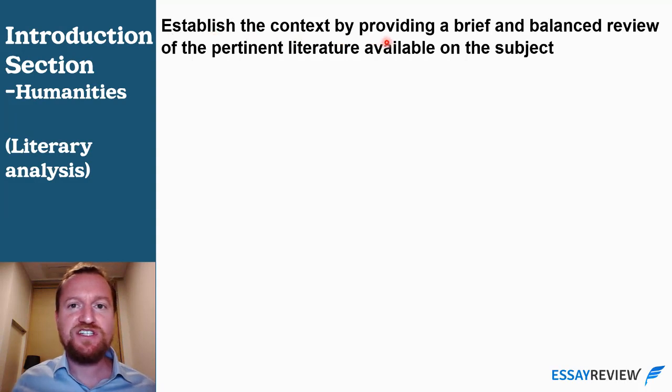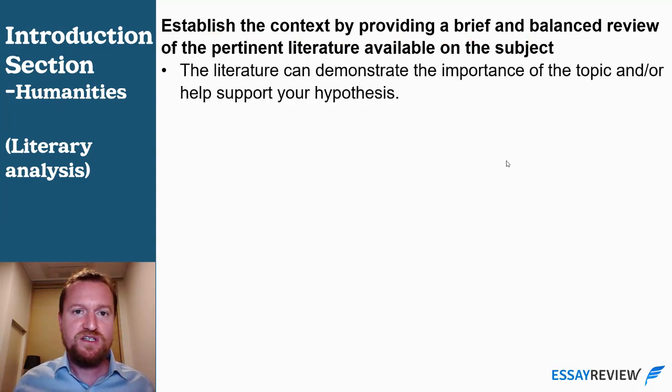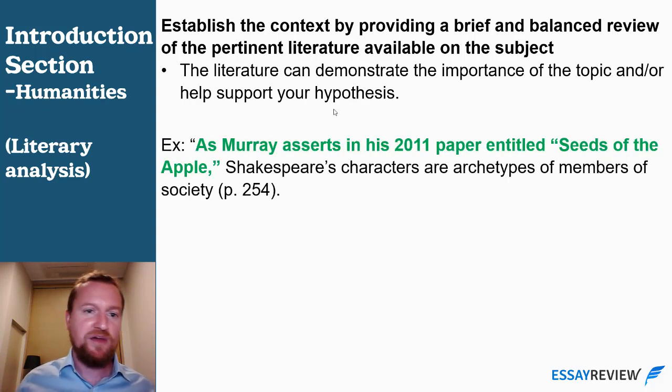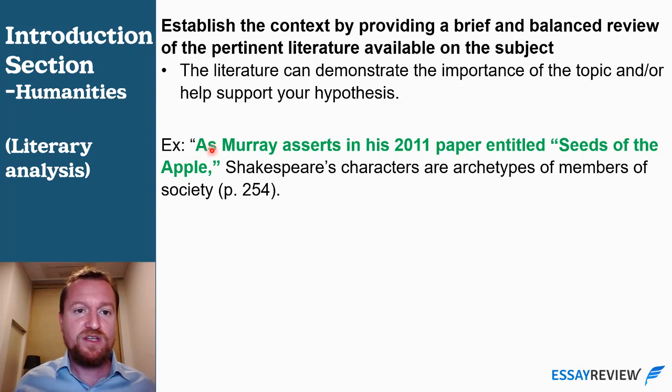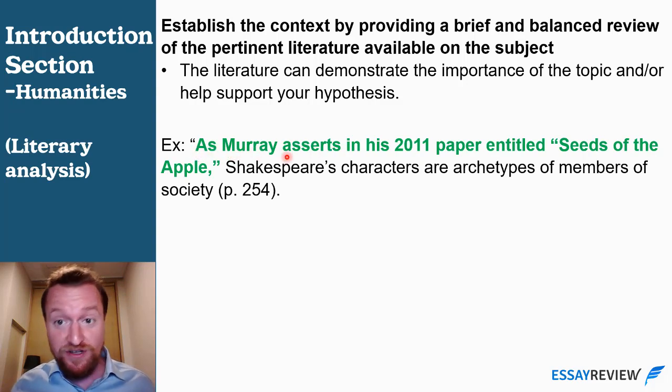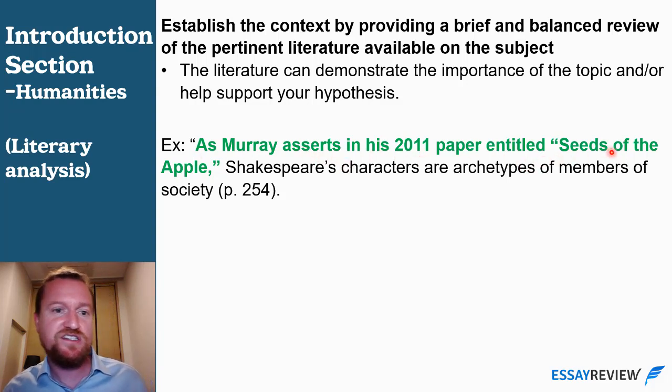Next, you're going to establish the context by providing a brief and balanced review of the literature. So the literature can demonstrate the importance of the topic and support your hypothesis, just as in a social science paper. These are form phrases as well. As Murray asserts in his paper entitled Seeds of the Apple, Shakespeare's characters are the archetypes.